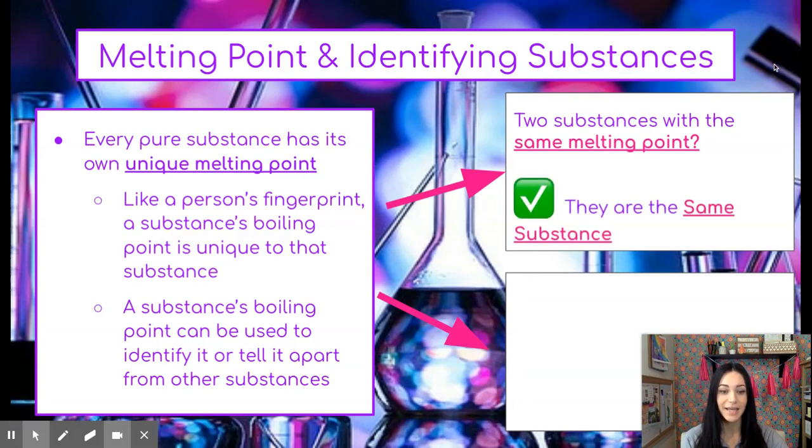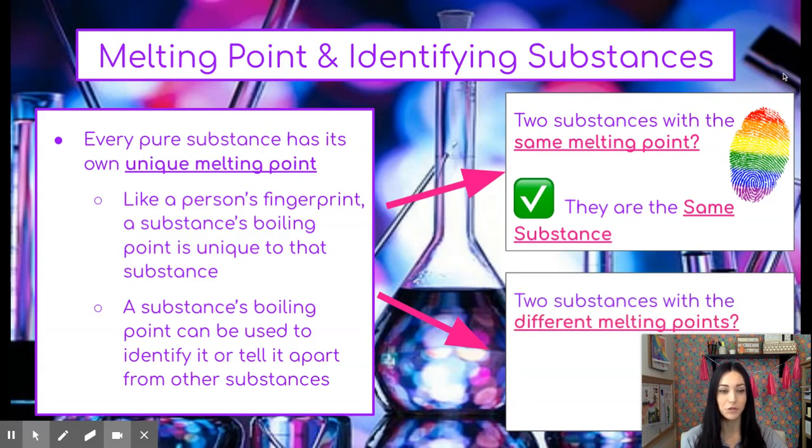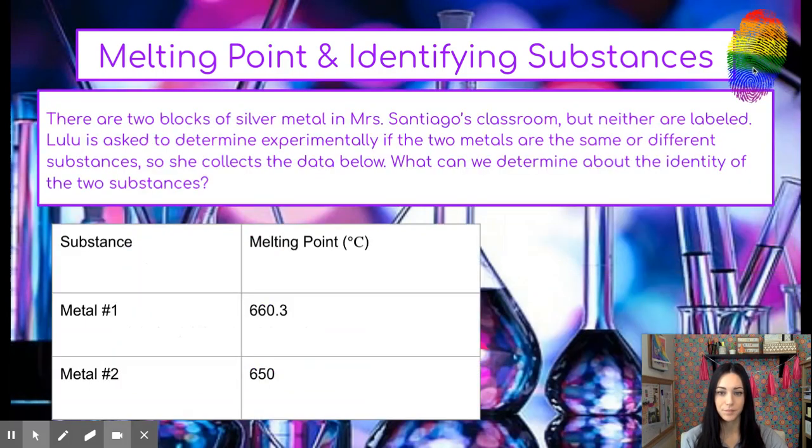This tells me that yes, they are the same substance because their fingerprint, or this property of melting point, is the same. On the other hand, if we have two samples and we find that they have different melting points, that tells me that these are not the same substance and they represent two different substances.